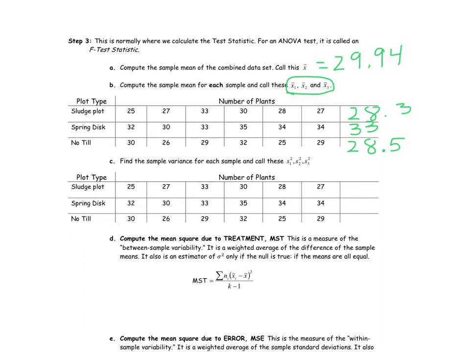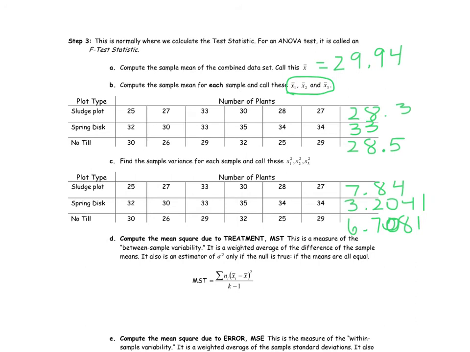In addition, we'd have to find the sample variance. We already found the standard deviation on the previous page, so we can just go back and square that to get the sample variance. Like that. Whoops.